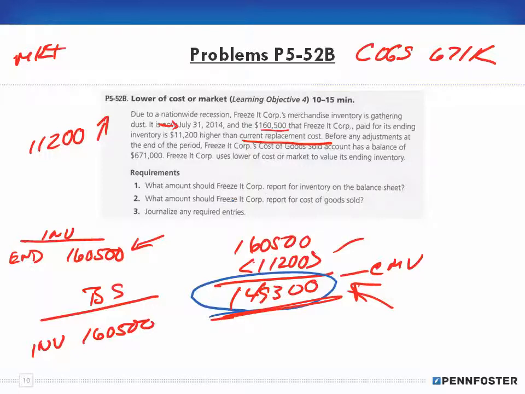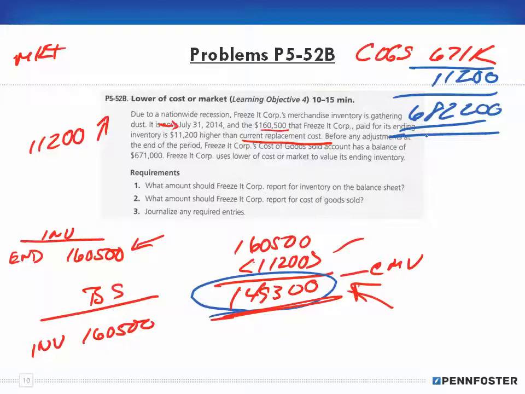Then number 2, what amount should Freezit Corp report for the cost of goods sold? Well, if we have 671,000 in our cost of goods sold currently, and we're going to reduce our inventory by 11,200, that means we have to add it to our cost of goods sold, which means we have $682,200 as the amount that we would report on the income statement for cost of goods sold.